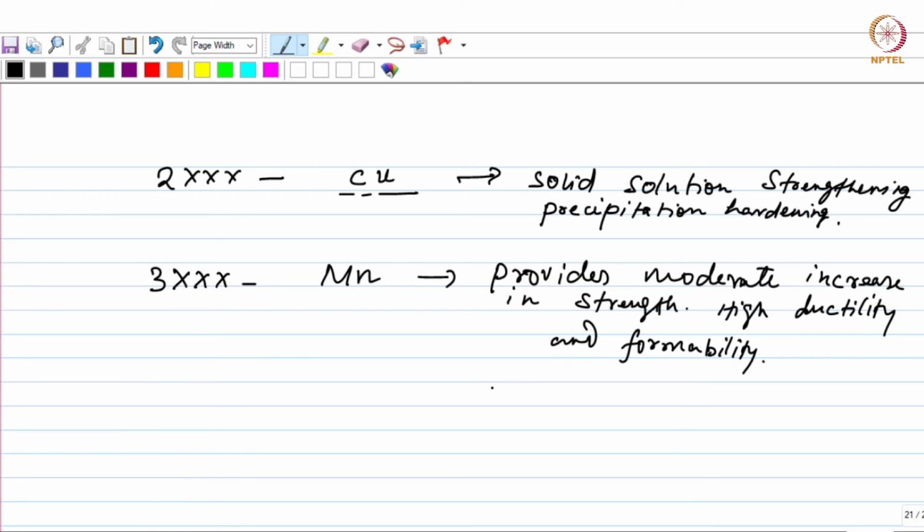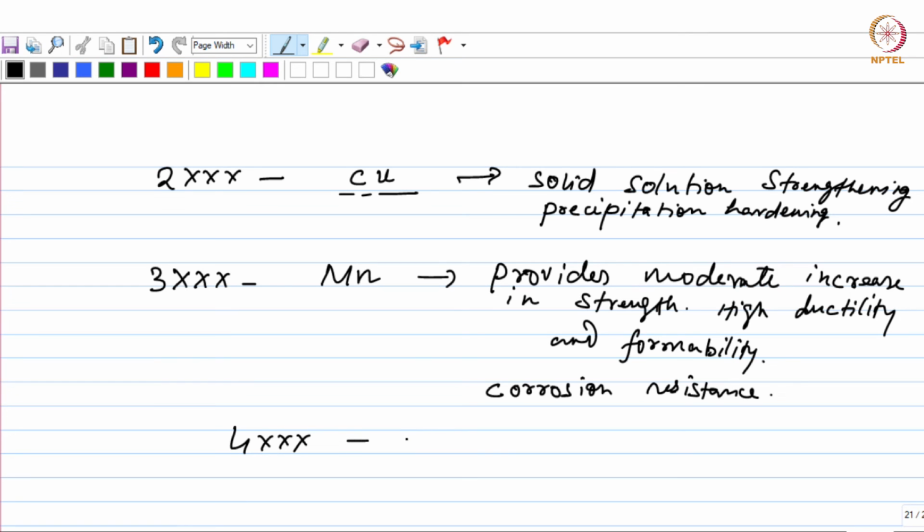Aluminium manganese alloys are also known for their good corrosion resistance in almost all kinds of environments.